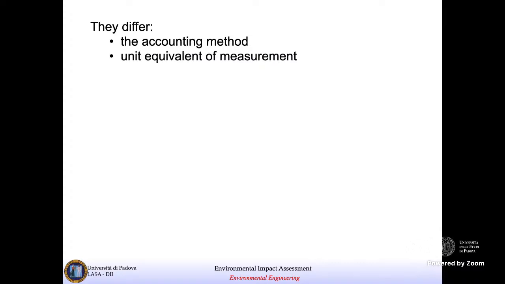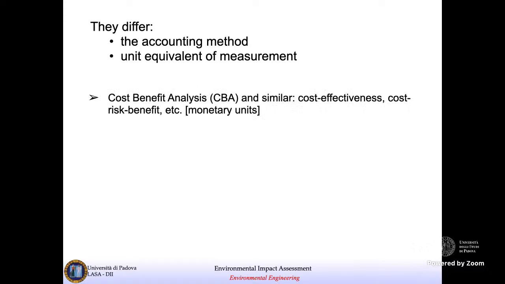All these accounting models differ from each other in the unit of equivalent measurement. As you will see when you do LCA, life cycle assessment, the first step in building an LCA is identifying a unit of measurement.